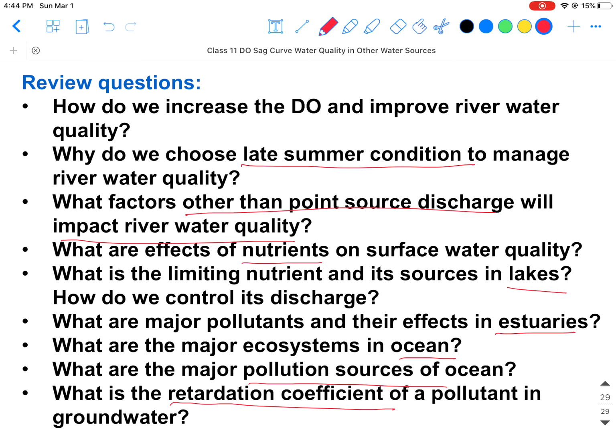I really want you to know how we can derive these equations instead of memorizing those complex equations. And we also introduced in general what the pollutants are or what the processes are that are affecting the water quality in different water resources.